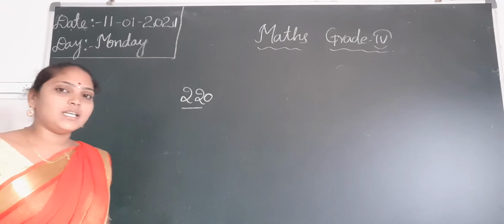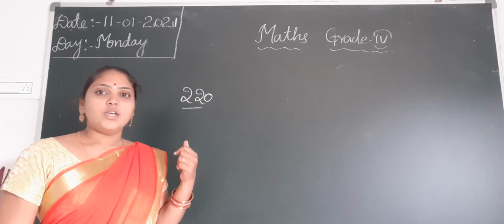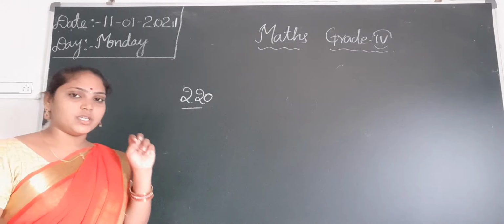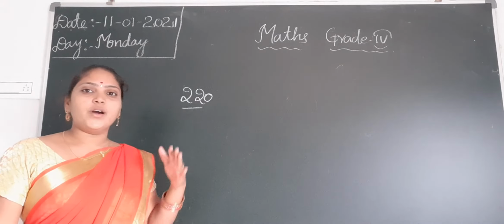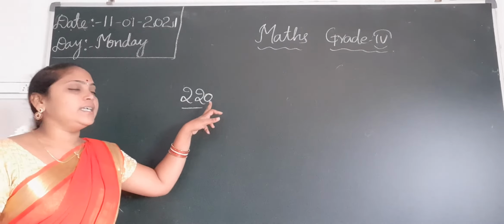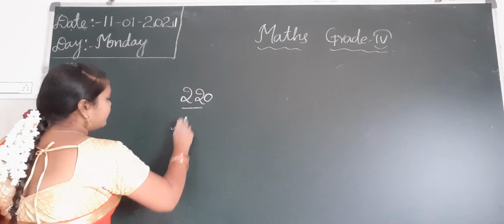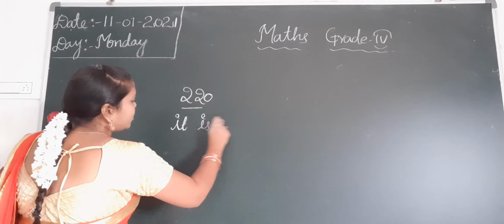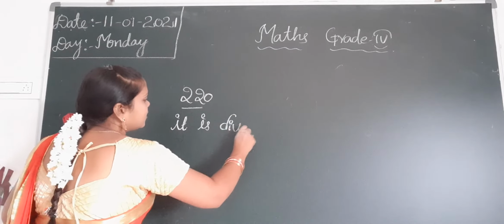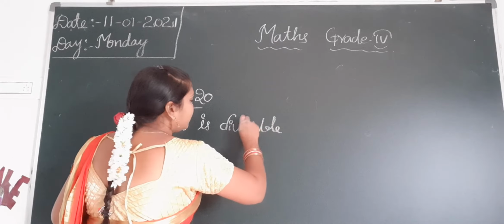First, what is the divisibility rule of 2, children? The numbers ending with 0, 2, 4, 6, 8. Here it is ending with 0, which means it is divisible by 2.